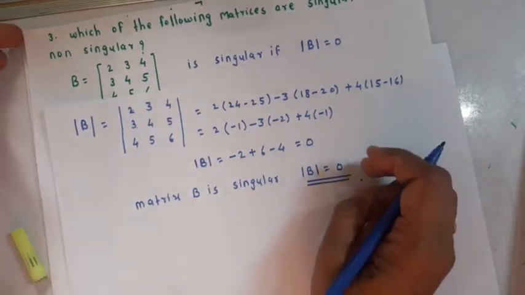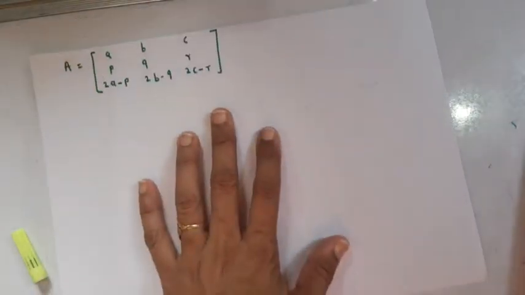Okay, now the next example. Also here we have to identify whether the given matrix is singular or non-singular.